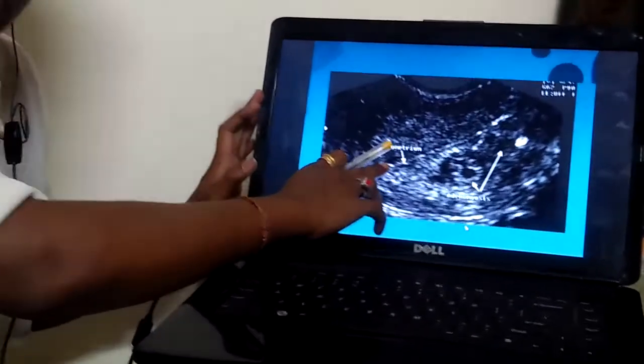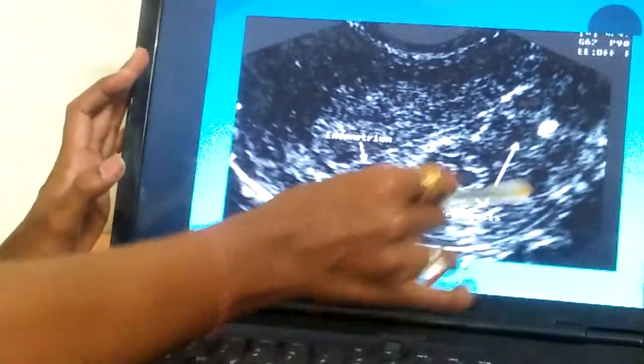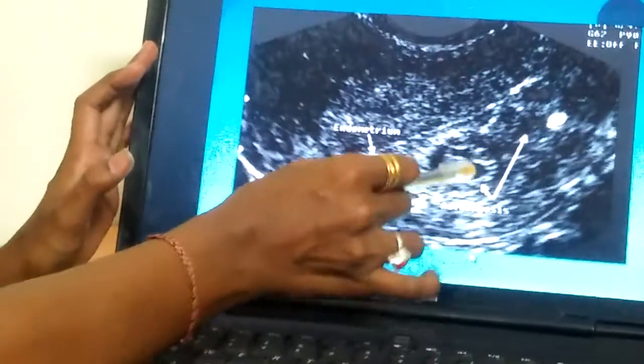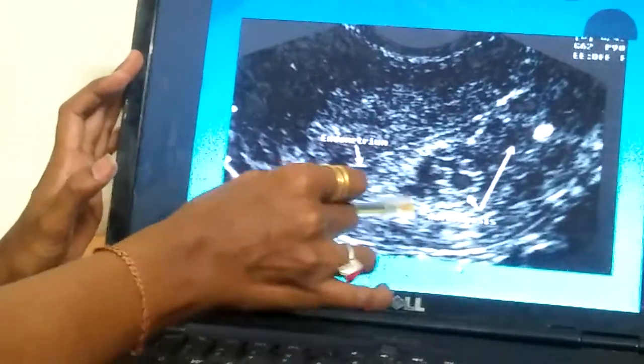Just see in this diagram of the ultrasonography, this is the endometrium. This is the myometrium, and this is where there is a presence of endometrial tissue.